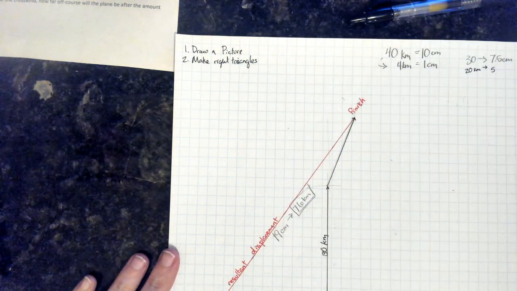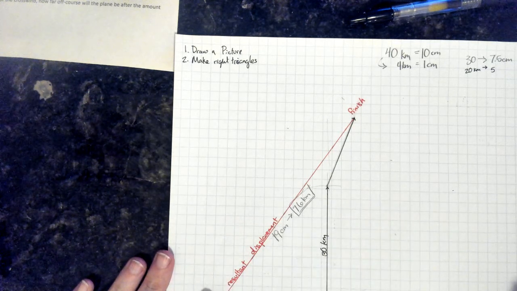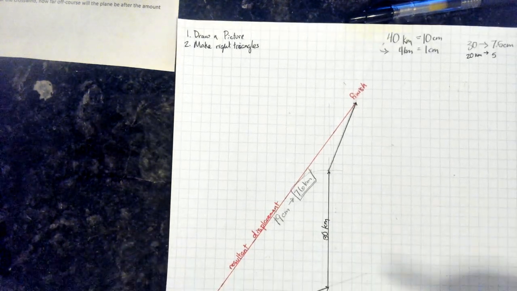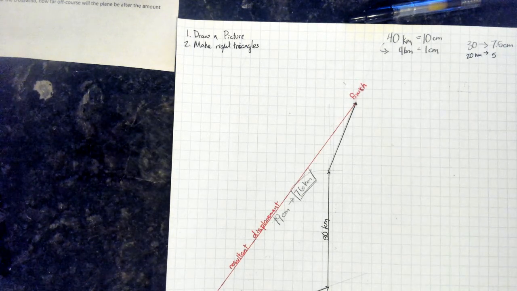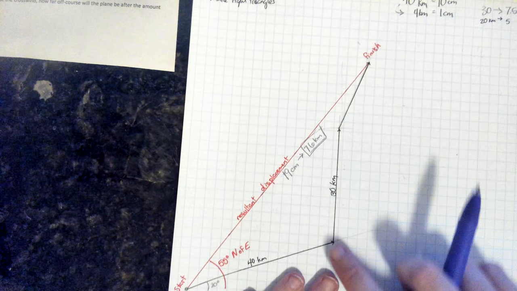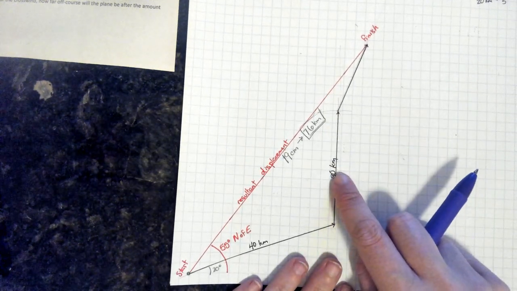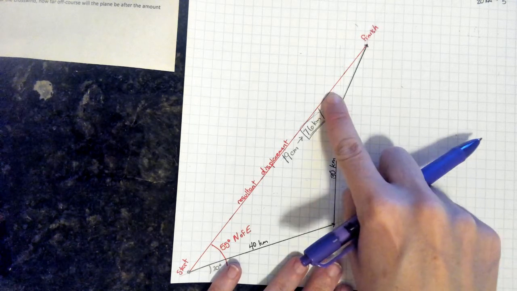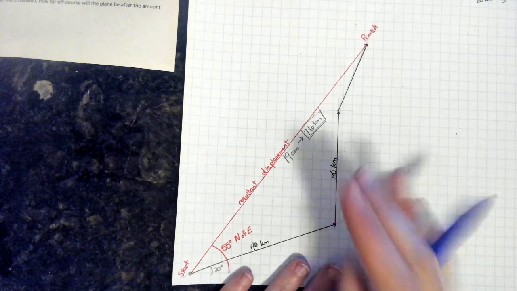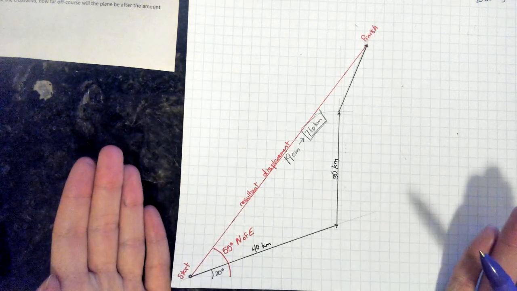And the way you make right triangles is by extending some horizontal lines and vertical lines. So in this case, and that's for anything that's at an angle. We don't need to do anything for this 30 kilometers because it's going straight up. We don't need to find any horizontal component because it has no horizontal component.